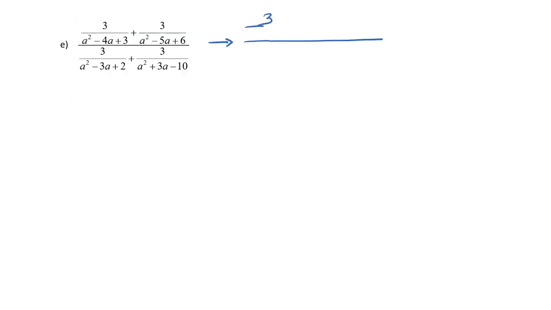So I have 3 over a minus 3, a minus 1, plus 3 over, all over, a minus 3, a minus 2.